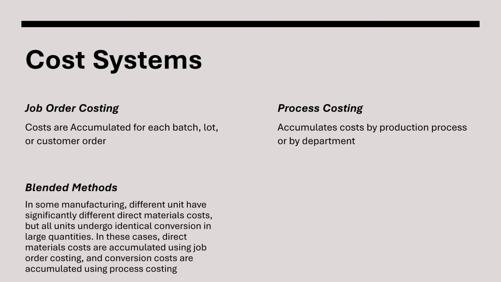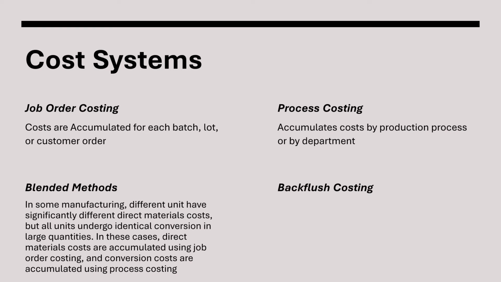Blended methods. In some manufacturing, different units have significantly different direct material costs, but all units undergo identical conversion in large quantities. In these cases, direct materials costs are accumulated using job order costing, and conversion costs are accumulated using process costing. So this is a mix of job order costing and process costing.